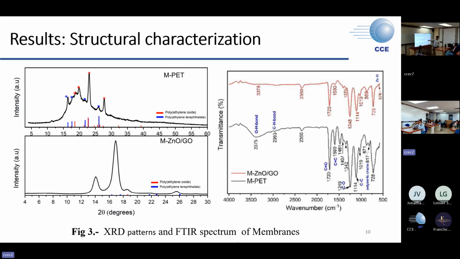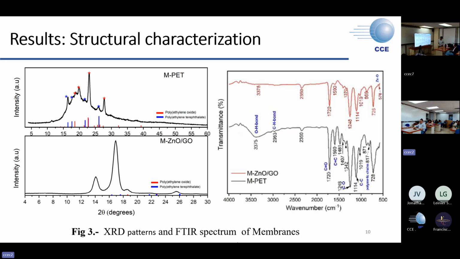And in the case of the membrane with zinc oxide, we have an increase in the crystallinity in this part of the diffractogram of the last one. I don't present the other one because the zinc oxide has a very high crystallinity. So if I put it with this, it will be lost because it is amorphous, so it wouldn't be in the plot.